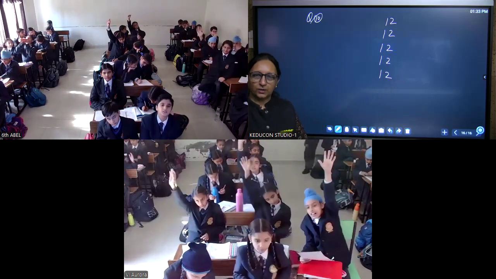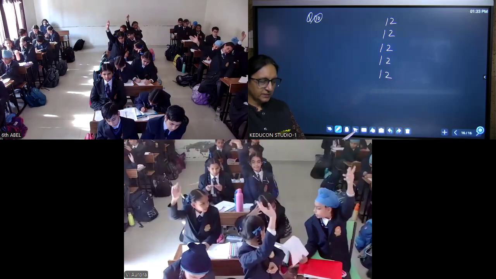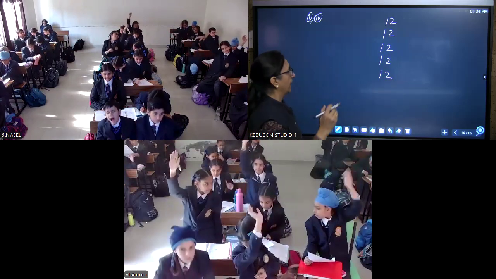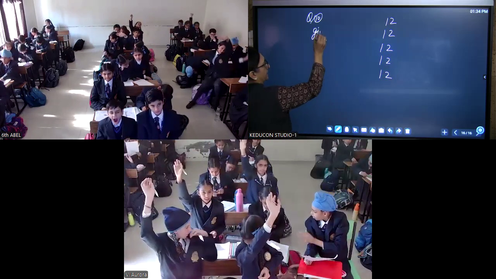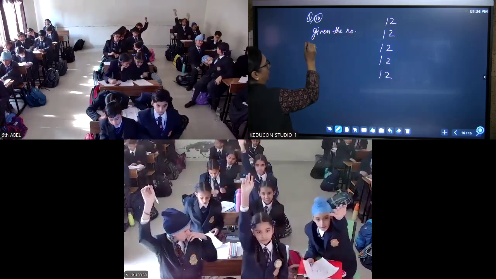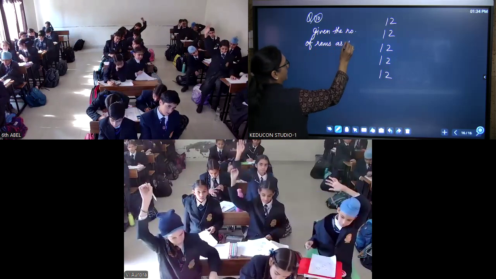In every row 12 students are standing. Then what is the rule which gives the number of students given the number of rows as R? Write down in the module only. Given the number of rows as R, please write it.